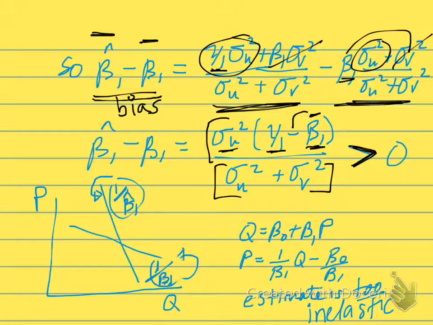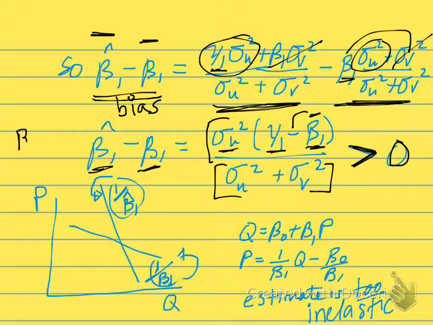So beta 1 hat minus beta 1 is a positive number. Since beta 1 hat and beta 1 are negative numbers, that means that beta 1 hat has to be smaller in absolute value than beta 1.